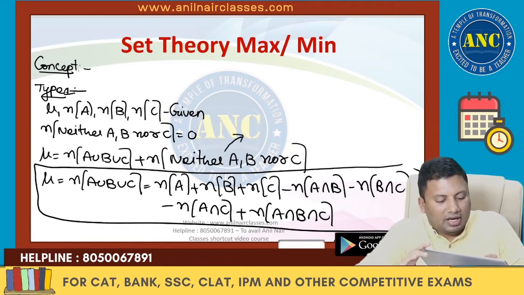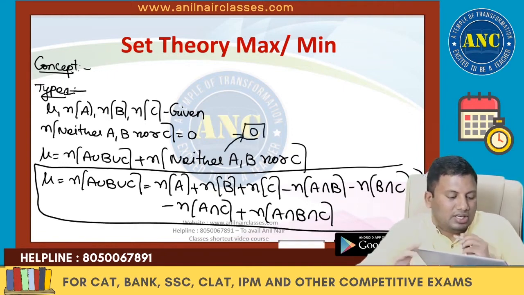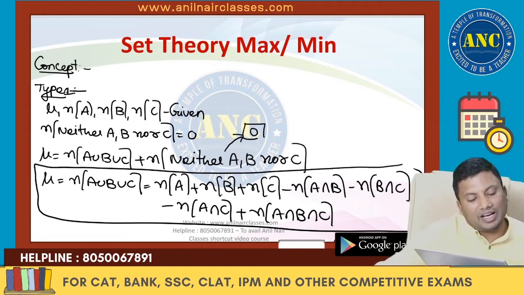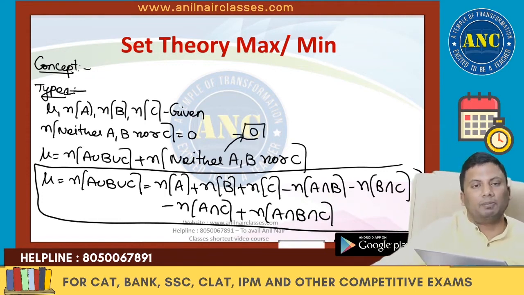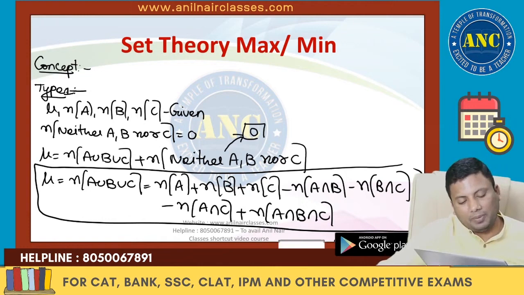Why? Because n of neither A, B nor C is 0, mu is equivalent to n of A union B union C.